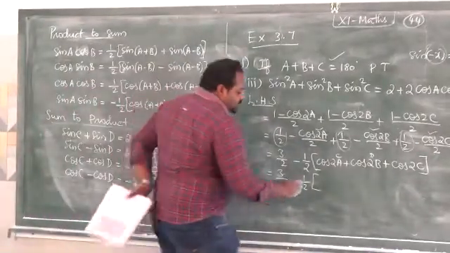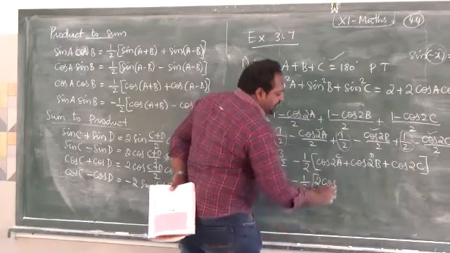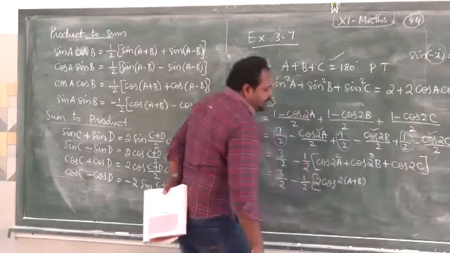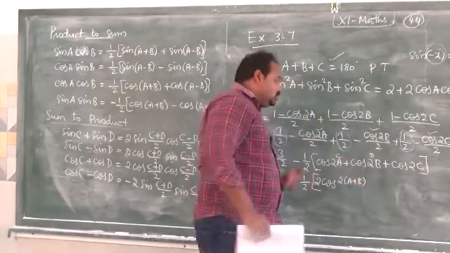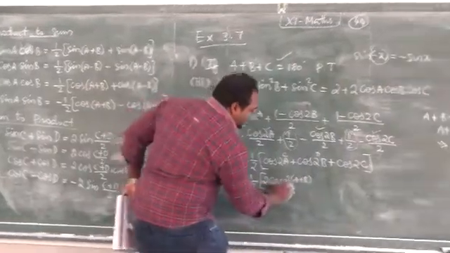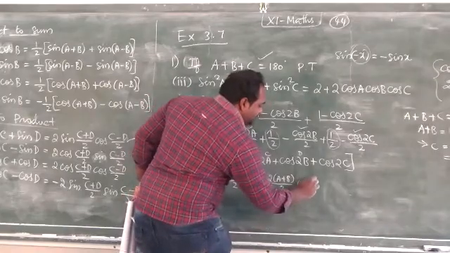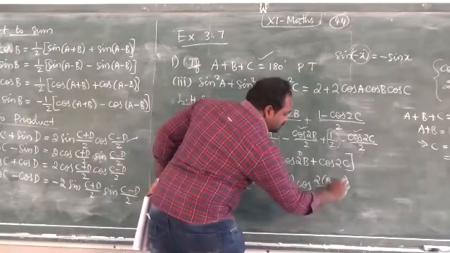cos (c minus d) by 2. I am applying it directly here: c plus d is 2a plus 2b, so we can take 2 common outside. So directly I am writing it like this: plus cos c minus 2 into (a minus b) by 2.